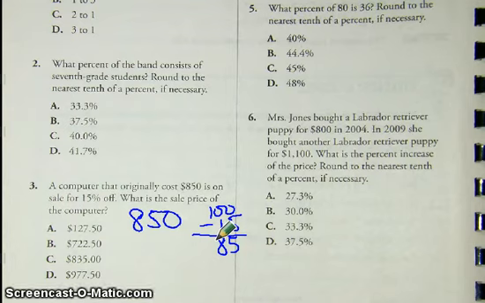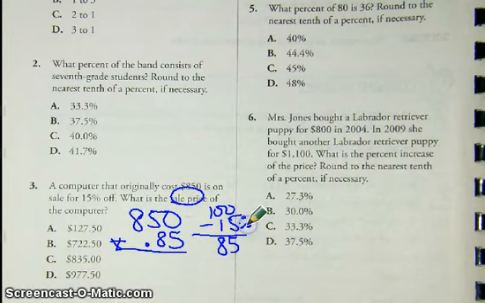So I'm going to multiply 850 times 0.85, and I'm actually reading the question this time to see it's asking for the sale price, not the amount of the discount. So I can do it this way. The 15% will tell me how much the discount was. The 85% will tell me the sale price. So 850 times 0.85 or 85%. And I get, on my calculator there, $722.50.